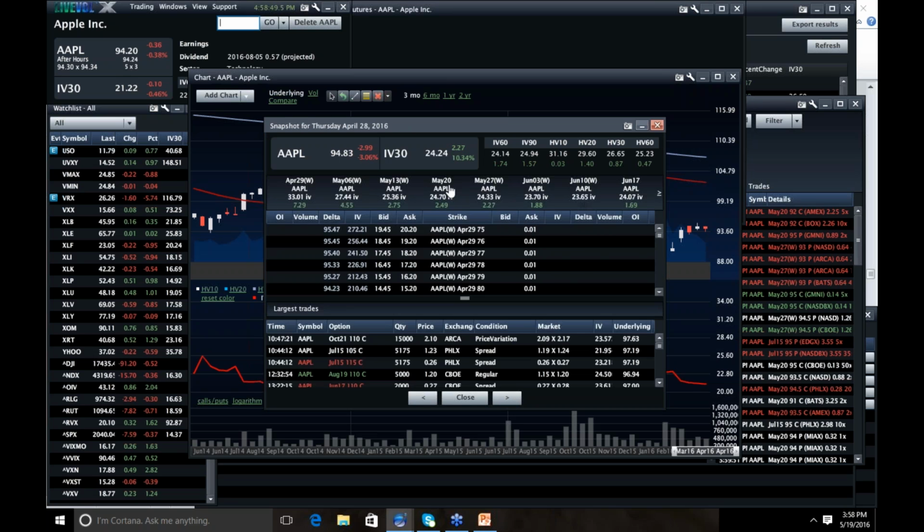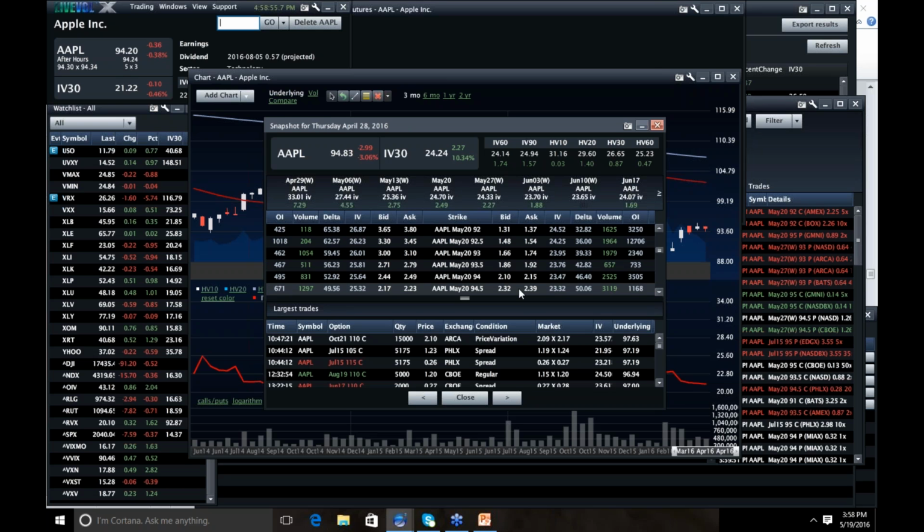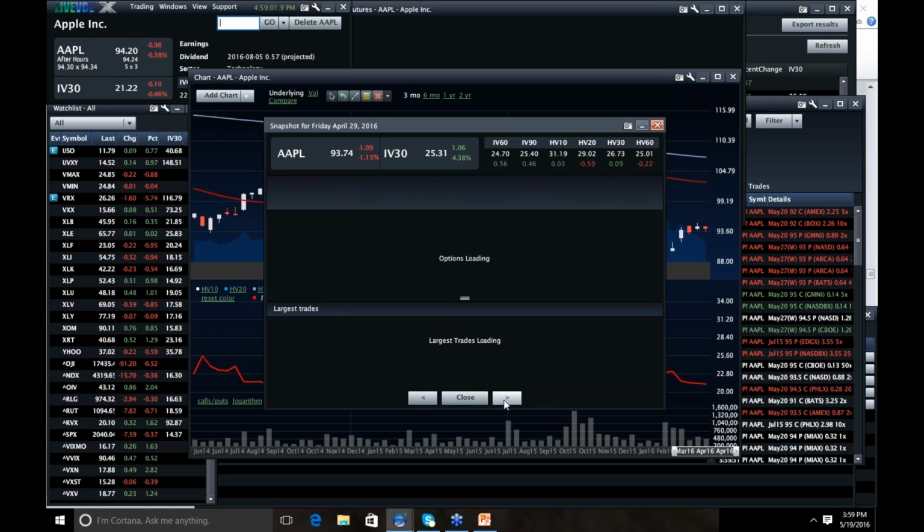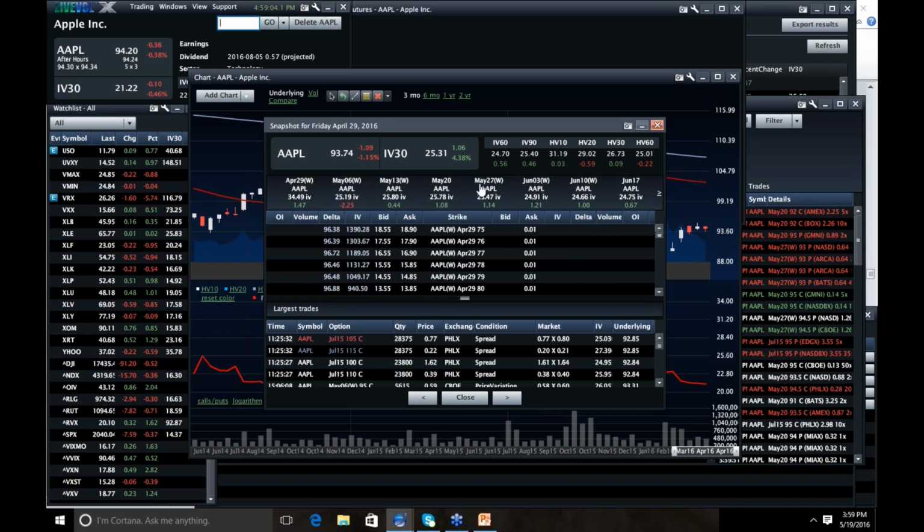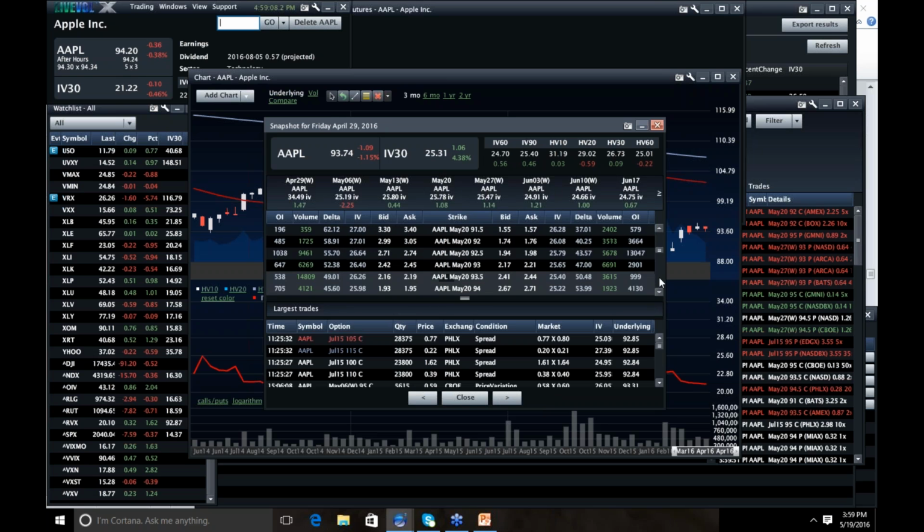Well, the next day, those $1.25 puts are worth $2.35, and the volatility is kind of unchanged. Volatility is up again. May is up again. And my 95 puts, the implied volatility is now 25, and they've tripled in value.